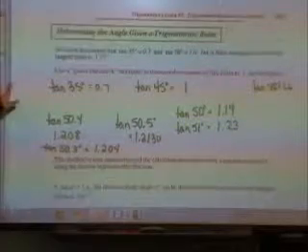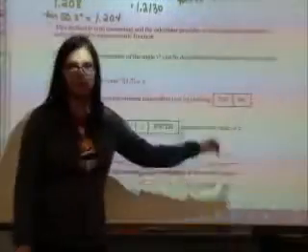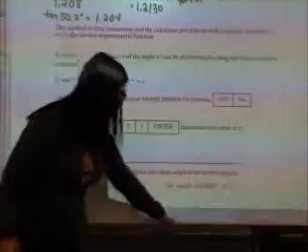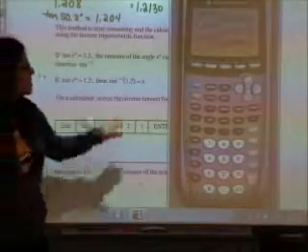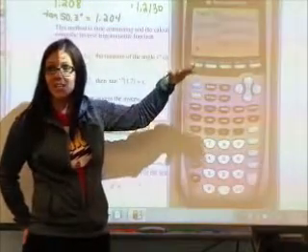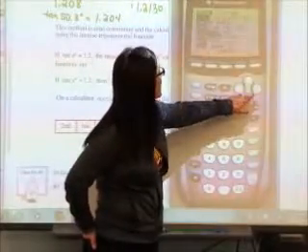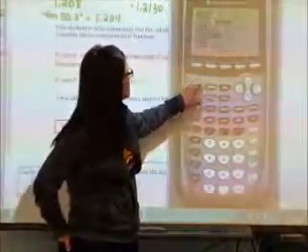So what if we could figure out what the angle was using our calculator? That's the inverse process. To figure out the ratio between the opposite side and the adjacent from a given angle, let's say tan 35, I need to get back into degree mode.